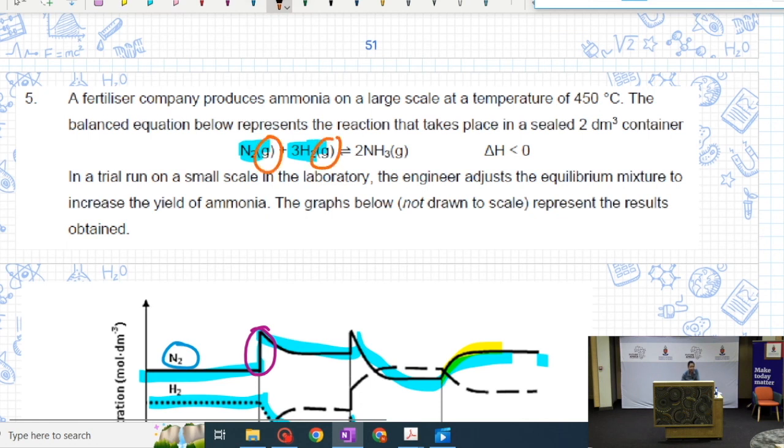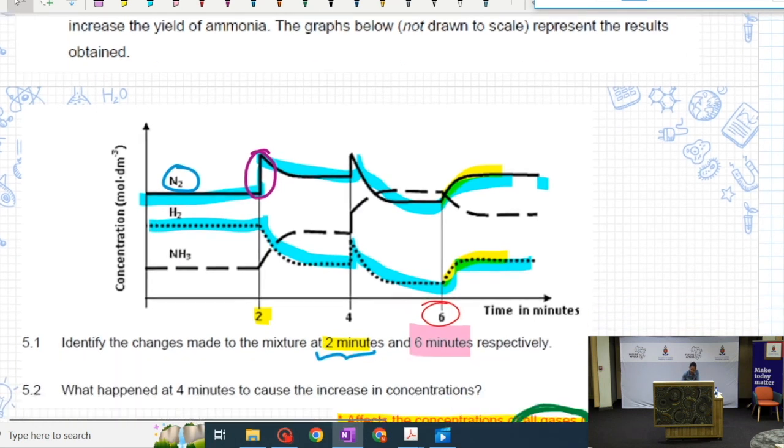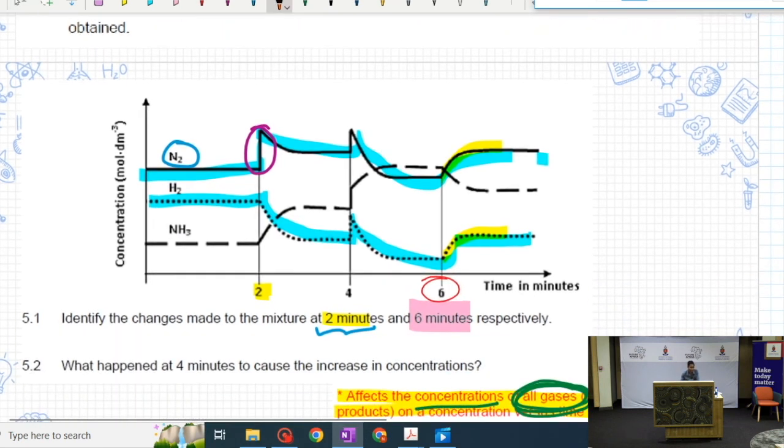How many mole on the left? 4. 1 plus 3, 4. And on the right we have 2. So over here we notice that the concentration only of the reactants goes up. And we notice that over here our product is going down. So can this be a change in pressure?